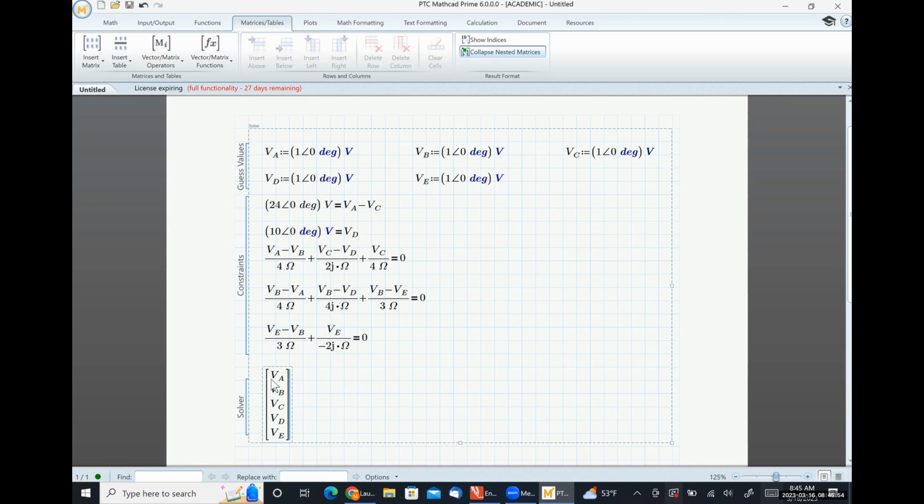And I am going to shift colon equal. So I'm going to set this matrix equal to find, open parentheses, VA, VB, VC, VD, and VE. And press equal, and it spits out a bunch of complex numbers.